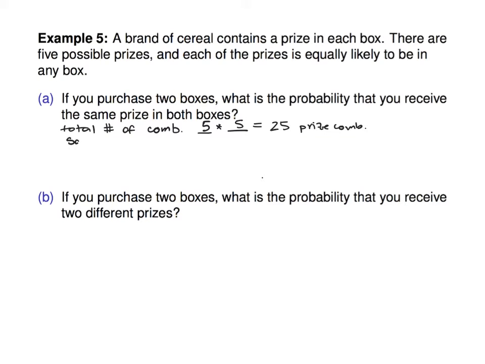And then the ones that are the same, well, if we number the prizes 1 to 5, we could have prize 1 and prize 1, 2 and 2, 3 and 3, 4 and 4, 5 and 5, for a total of 5 events there. So the probability that we have the same prizes in both boxes is 5 out of 25, which reduces to a fifth.